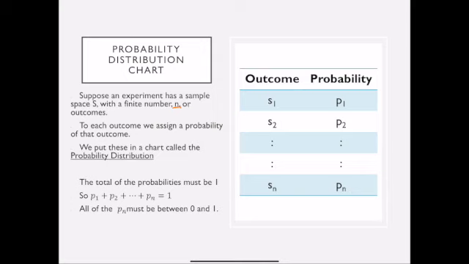And we put these in a chart called a probability distribution. So here's the outcome, it could be our events, and then here's the probability of that specific outcome occurring. Note that if I add up all the probabilities, they're going to add up to 1. And each of our P sub n has to be between 0 and 1 in order to be a probability.